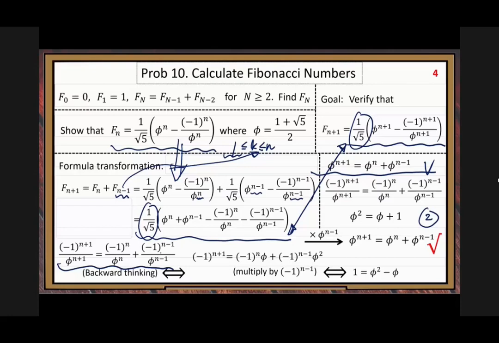But this is our first golden ratio property, right? We know it is correct. Okay? Now, because we get something that is correct, so we can go forward.